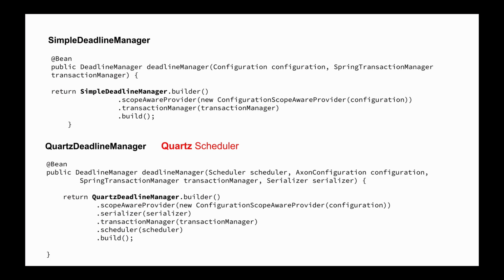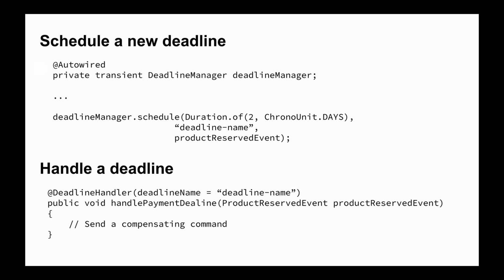To schedule a deadline, you will need to inject a deadline manager into a class, for example, into a Saga class. You can then schedule a deadline for a number of seconds, minutes, hours, or even days. Assign to your deadline a unique name and give it an optional payload.